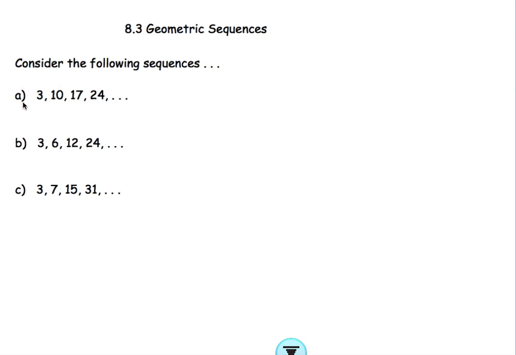So for A, what are we doing each time to get the next number? It looks like we are adding 7 each time. So that would mean that this is arithmetic. And the common difference would be a 7.